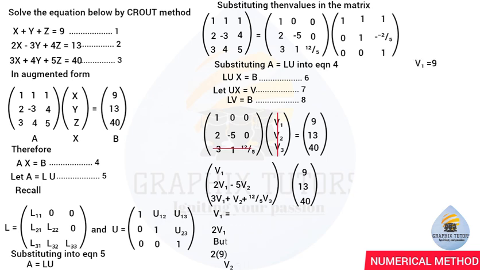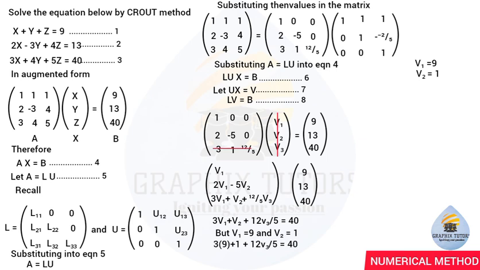So we'll go to the third one. 3V1 plus V2 plus 12V3 over 5 is equals to 40. We know V1 is 9 and V2 is 1. So we're having 3 times 9, which is 18, plus 1 plus 12V3 over 5 equals to what? 40. So if you take like terms, we'll now be having 2V3 will now be 5. How good?